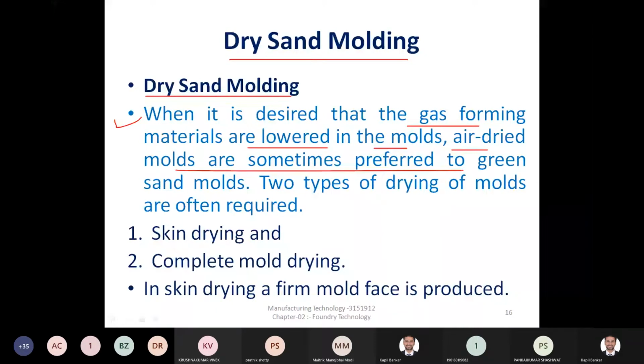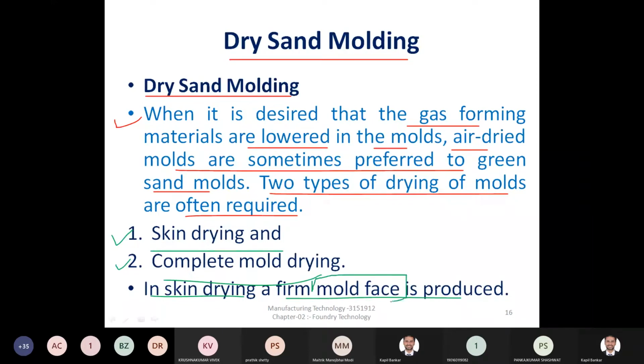Two types of drying molds are often required: skin drying and complete mold drying. In skin drying, a firm mold face is produced. In this first one, skin drying mold.